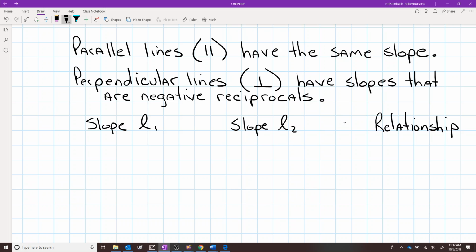If the slope of line 1 is 3 and the slope of line 2 is negative 1/3, what is the relationship of the lines? Remember that 3 is the same as 3 over 1. So if the slope of line 1 is 3 over 1 and the slope of line 2 is negative 1/3, the relationship between the two lines is that they're perpendicular.